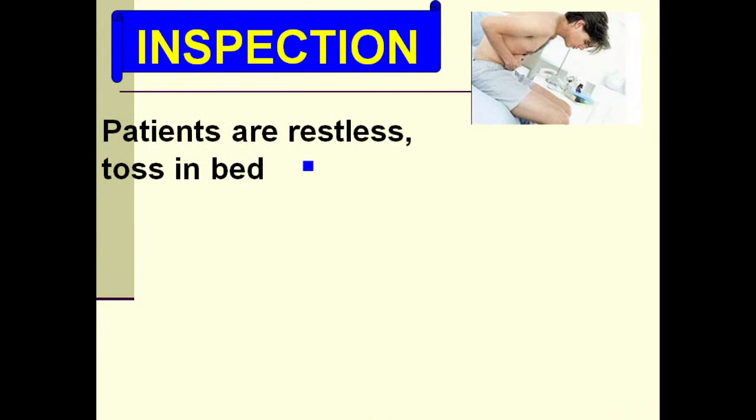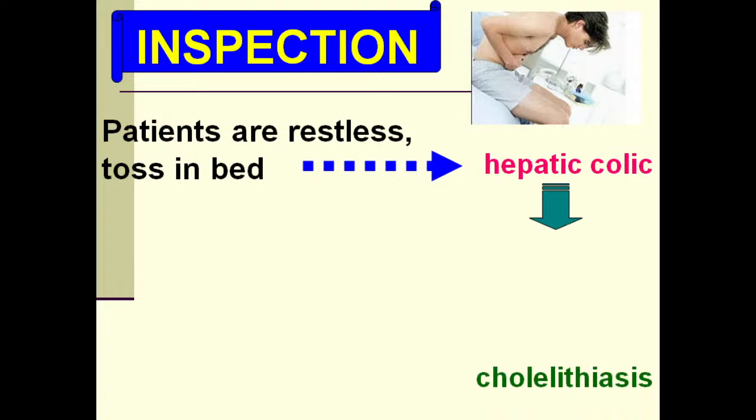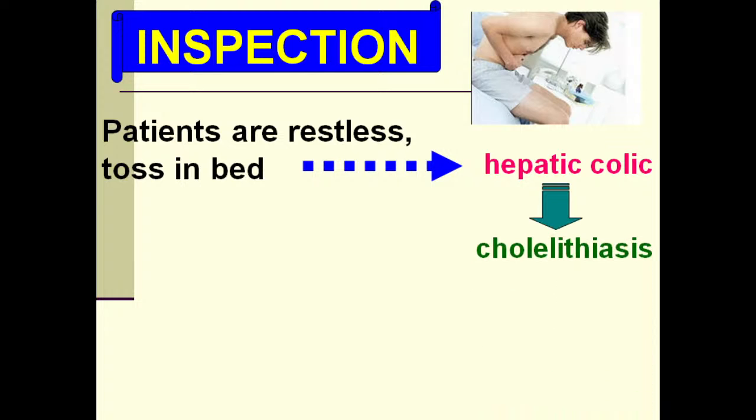Inspection of the patient with gallbladder disease is not rich in visible signs. We can see something only in a patient with cholelithiasis and only during attacks of hepatic or biliary colic when the stone obstructs the bile duct. The patient feels severe spastic pain. He tries to find a position which can release it, but it's impossible. The patient is restless.